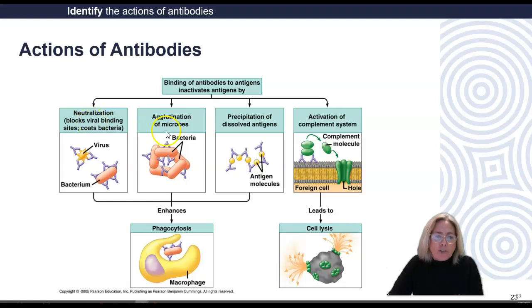Now, all of these first three enhance phagocytosis via a macrophage. And that enhancement all falls under that category of opsonization. So then you can see it's much easier for the macrophage to engulf or phagocytose this antigen-antibody complex. And as I mentioned, the activation of the complement system leads to cellular lysis.